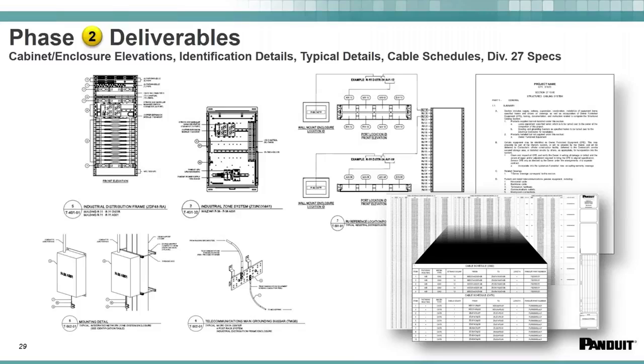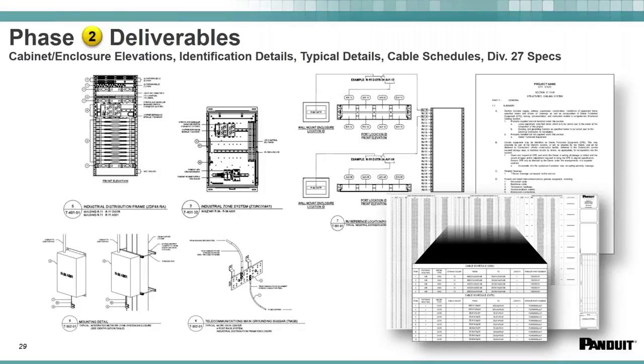So each port will then have a certain label associated with it, and then we'll be referencing that port position with our cable schedule. So we'll come up with a way of identifying every single wire that's going to be placed.